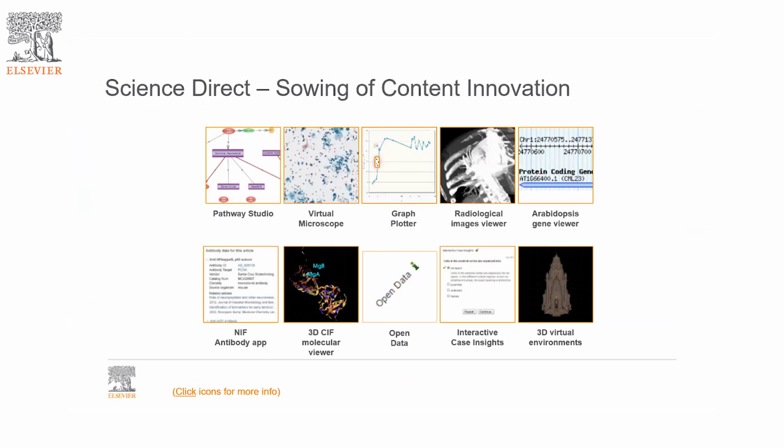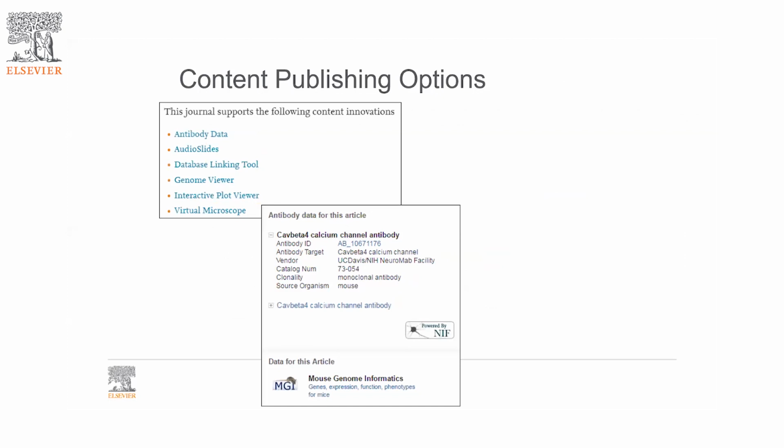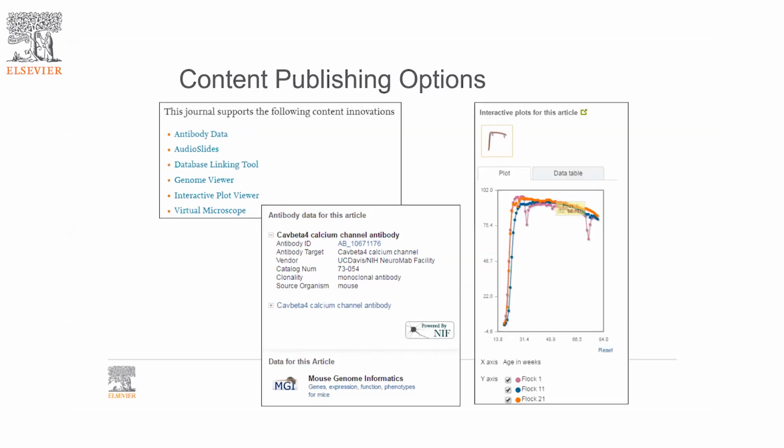Now in ScienceDirect there are new instruments for showing information and publishing content, and several new ways of publishing your content. For example, interactive plots that give a better view of the information, and readers will be able to analyze the information better.